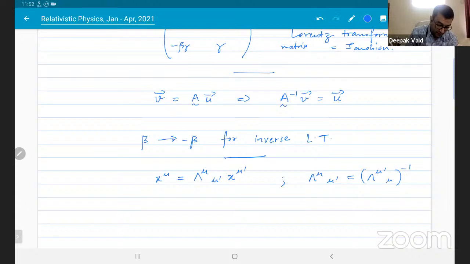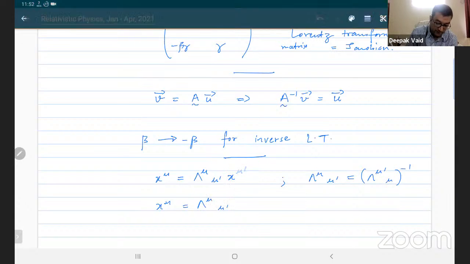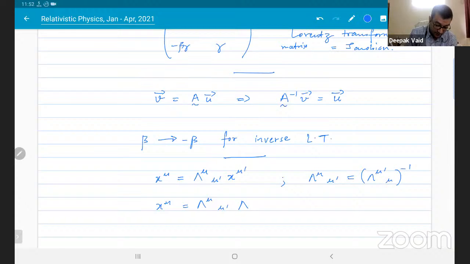So if I want to write down the full expression, how would I do that? So x mu is equal to lambda mu mu prime x mu prime, but x mu prime can be written as lambda mu prime nu, x nu.